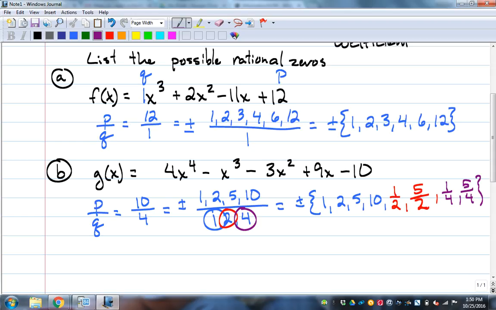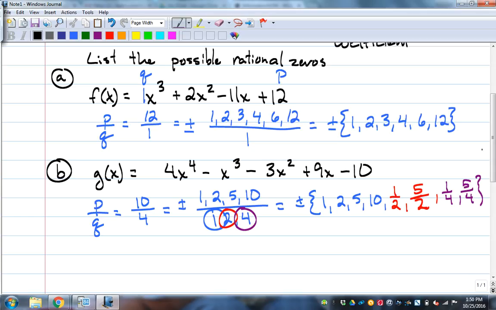I know on the end of the course, they're going to ask you to list the possible rational zeros of a polynomial. And it's just making that list and doing nothing else with it. In college algebra, that's one of the things that we work on, is just writing the list of possible rational zeros. That doesn't mean we're not going to do anything with it. We're about to, the next several examples, we're going to do something with that list. Okay, and see what we can do to get there.